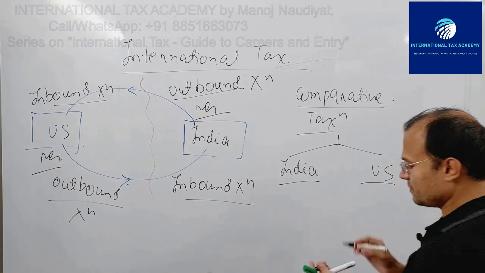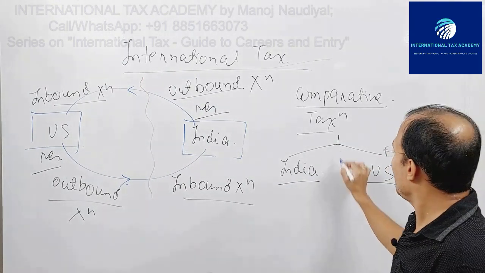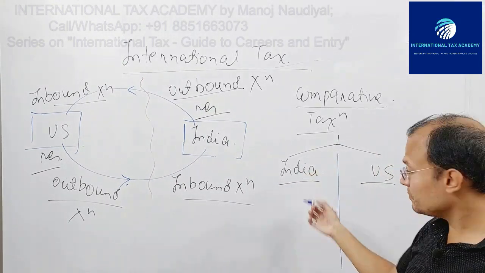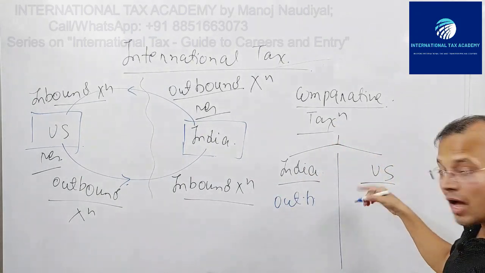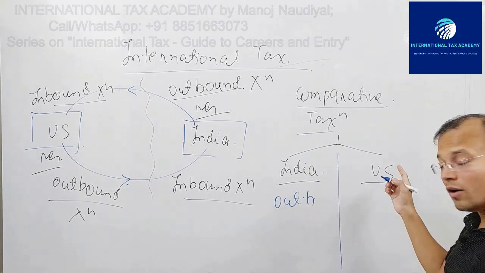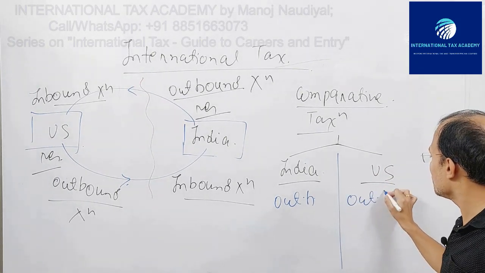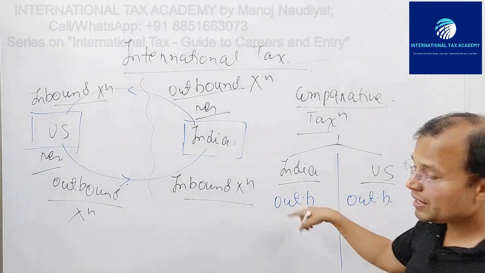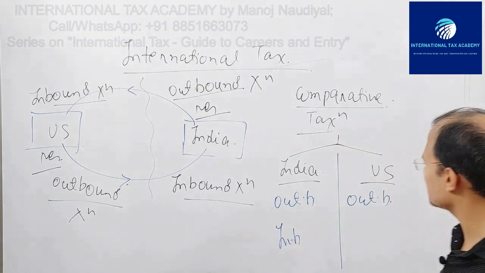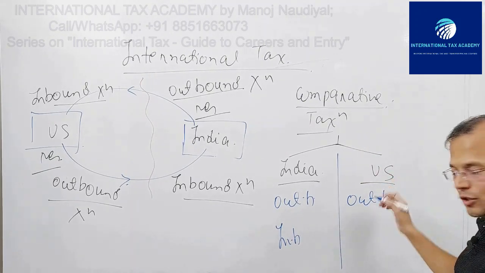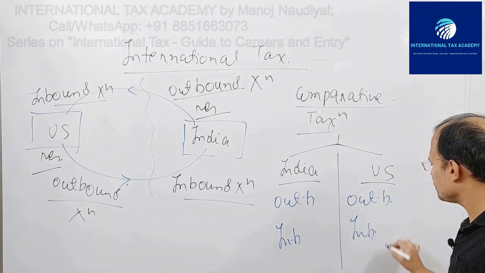How does the Indian tax system treat the outbound transaction vis-a-vis the treatment of the outbound transaction by the US, and similarly how does the Indian tax system treat the inbound transaction vis-a-vis the treatment by the US of the inbound transaction?